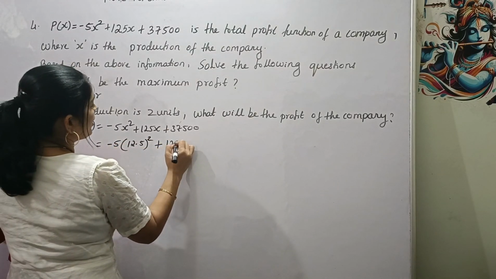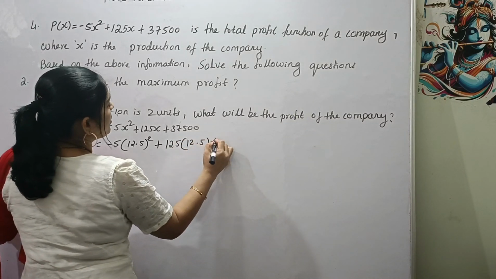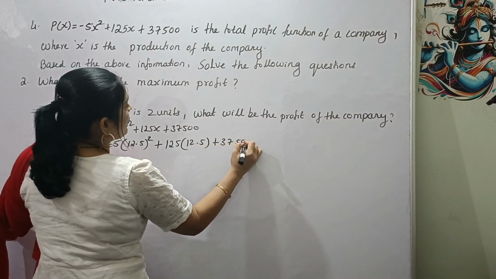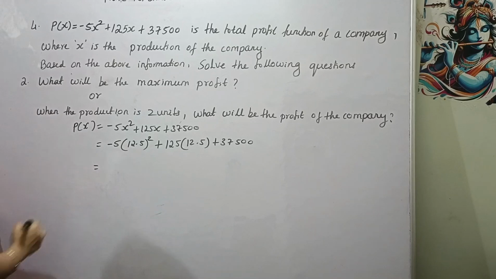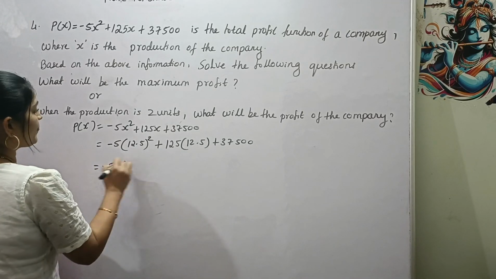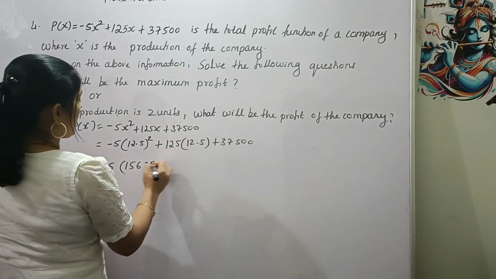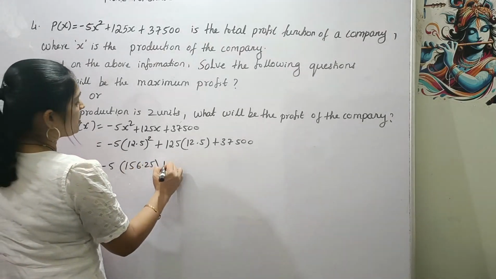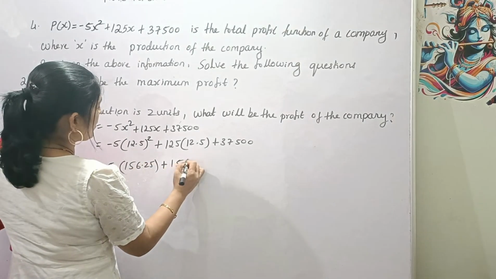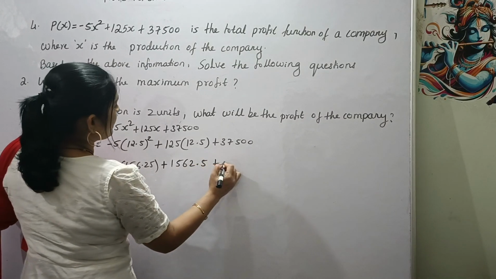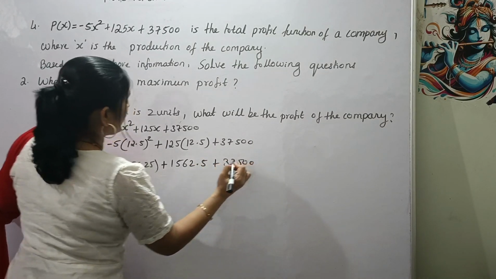Minus 5 into 12.5 square, plus 125 into 12.5, plus 37,500. Okay, so here minus 5 into 156.25 plus 1562.5 plus 37,500.